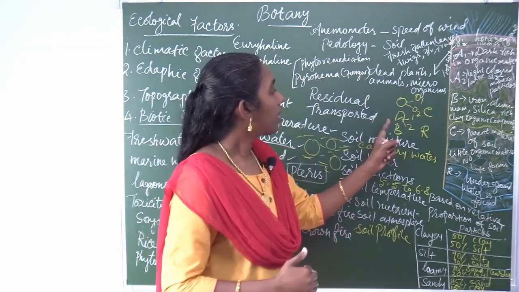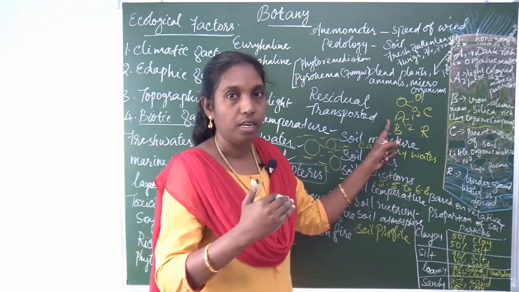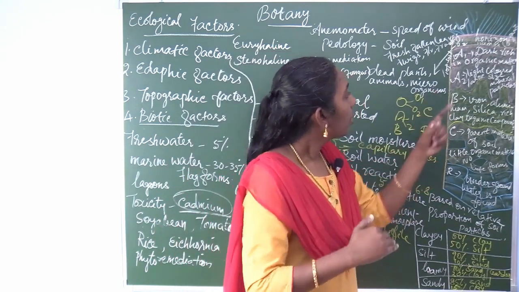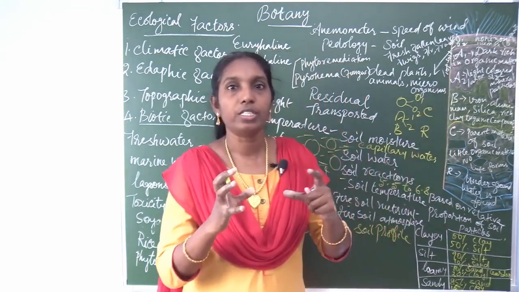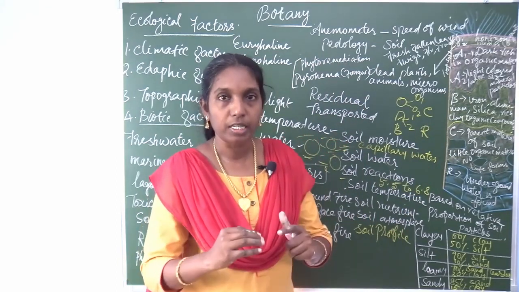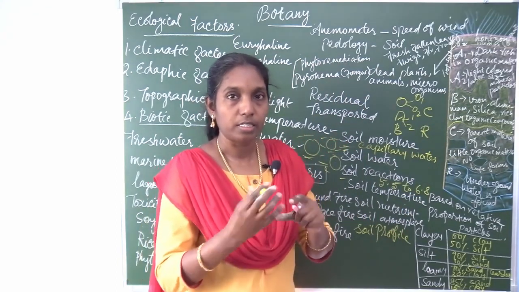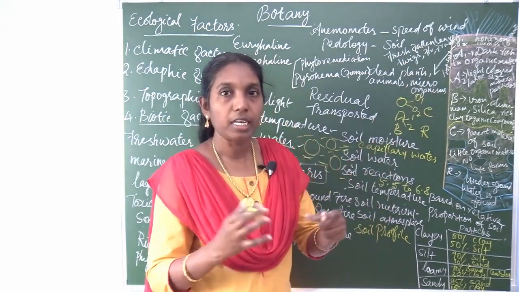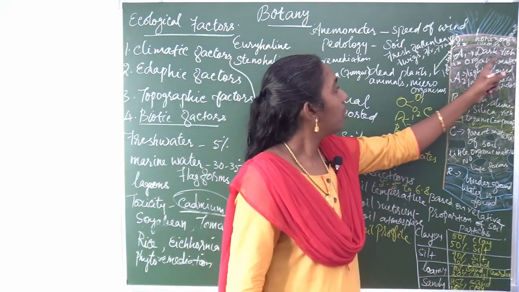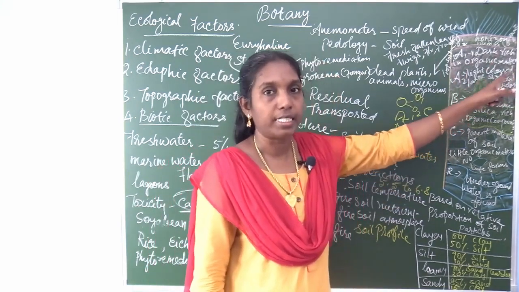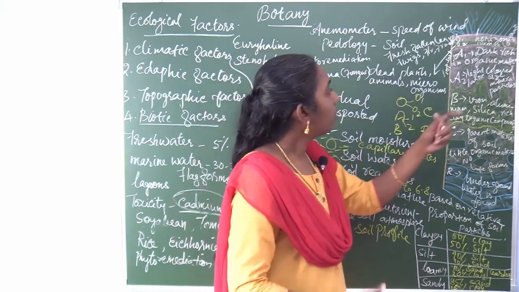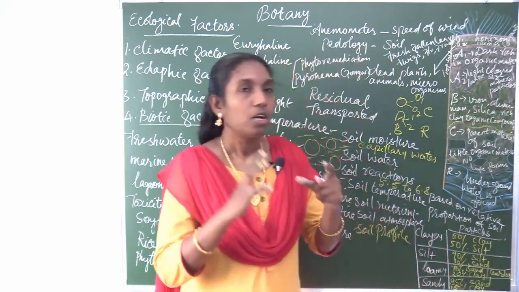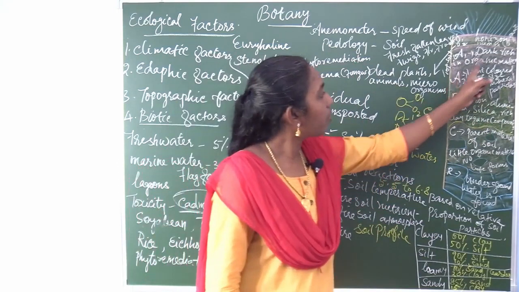Then the second layer is the A layer, or A horizon, which is again classified into A1 and A2. The A1 region is dark and rich in organic matter, because here there are a number of soil organisms which degrade the fallen and decayed parts of plants. The A2 layer is light colored, and large mineral particles are present in it.